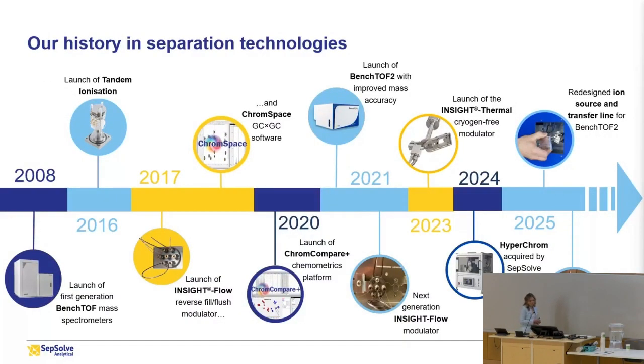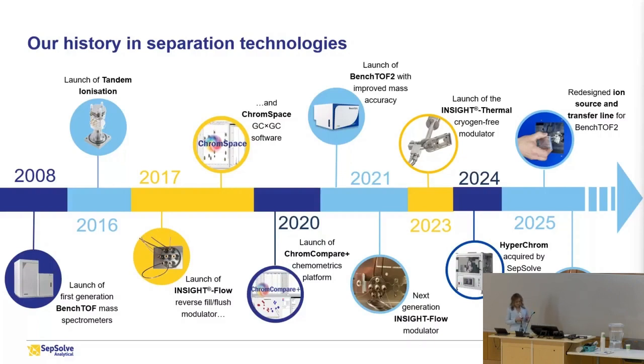SEPSolve has been part of the separation technologies since the first benchtop came out in 2008. Since then, there have been many updates to the TOF with the new source design and the transfer line coming out just last year. We also have a flow and a cryogen-free thermal modulator.